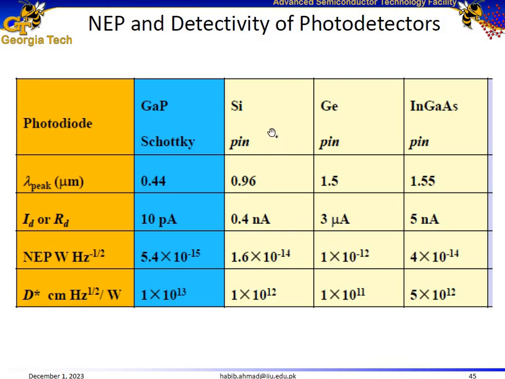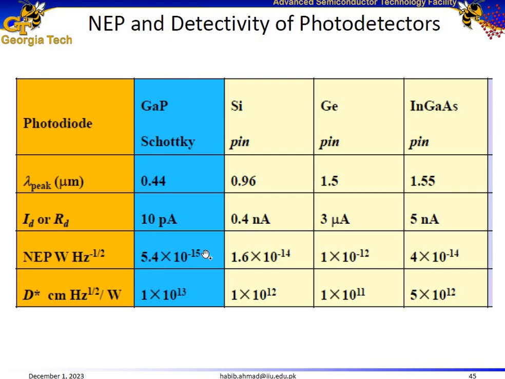Similarly, if we compare silicon with germanium, silicon has a band gap of 1.1. Germanium has a band gap of 0.65, I would say. So since this has a smaller band gap, it would have higher leakage current. And then if it has higher leakage current, its noise equivalent power would be higher as compared to silicon. And the noise equivalent power of silicon would be higher as compared to gallium phosphide.